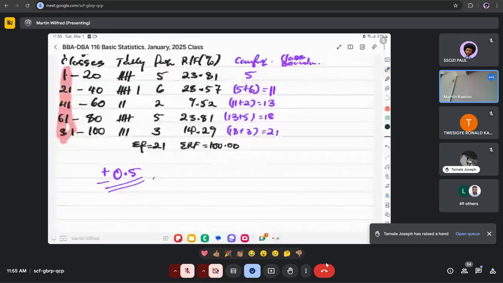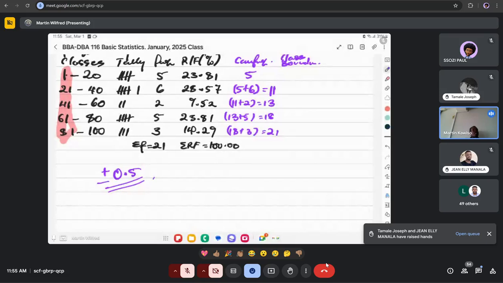It means that our plus 0.5 is mapped to the upper limit value, and our minus 0.5 is mapped to the lower limit value. So give me the first class boundary.